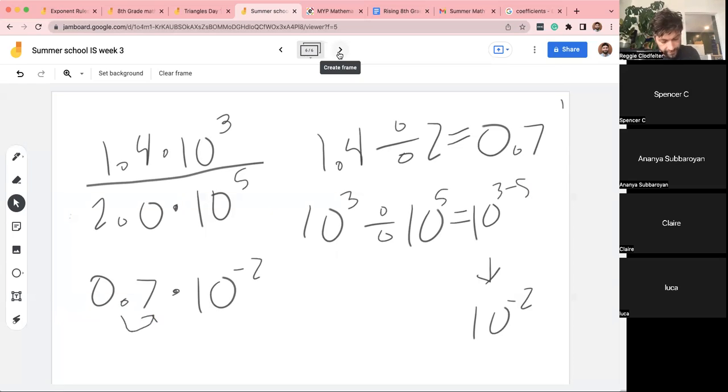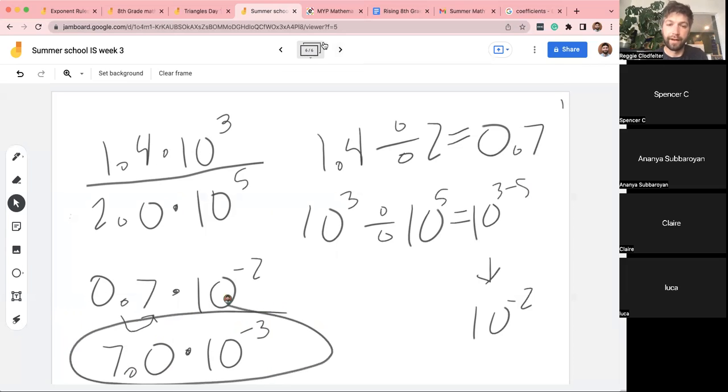So I'll move it once to the right. Using LARS, when I go to the right, I subtract. So that becomes 7.0. I subtract 1 since I went to the right once, and it becomes 7.0 times 10 to the negative third. So that is how you divide in scientific notation.